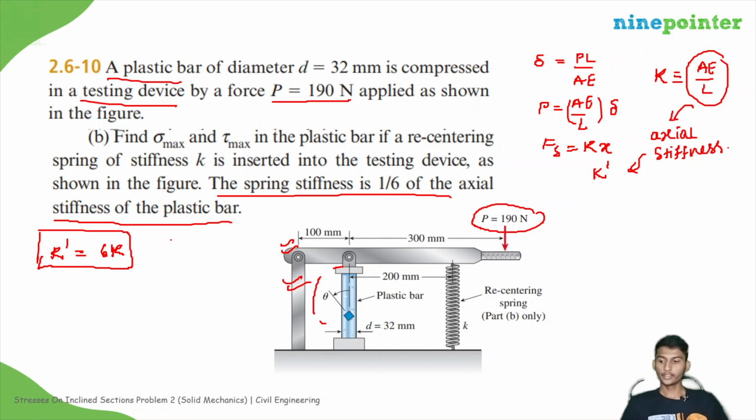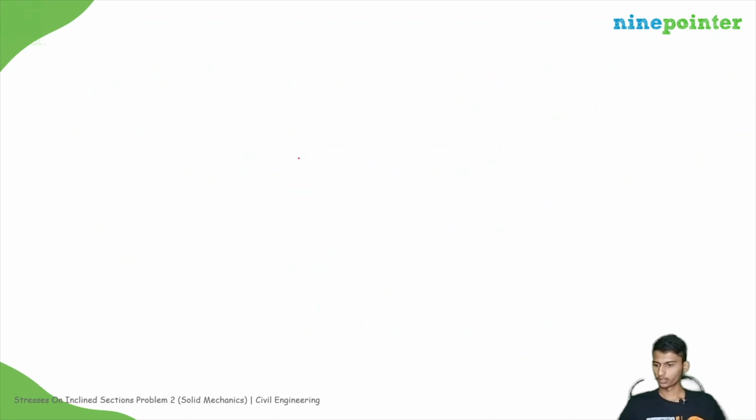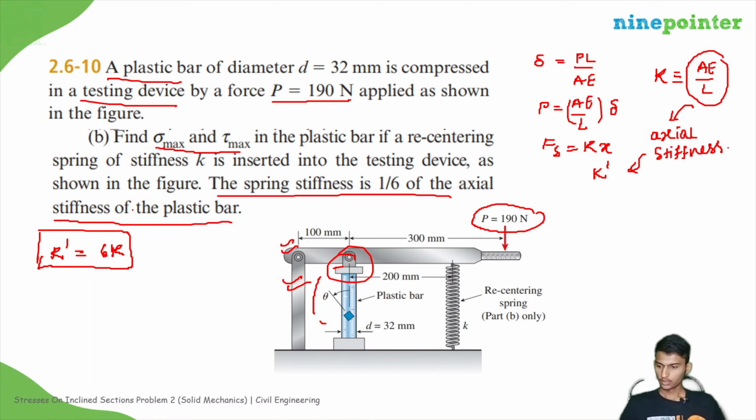Now we need to find out sigma max and tau max in the plastic bar. First we need to find out the P developed over here. Let us draw the diagram. Nothing is given about these two bars, so you are going to assume these two bars as rigid, meaning no deformation in them.